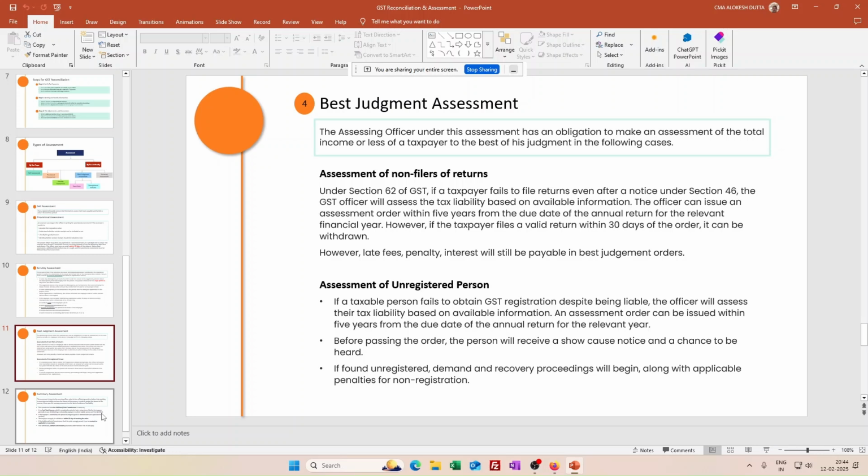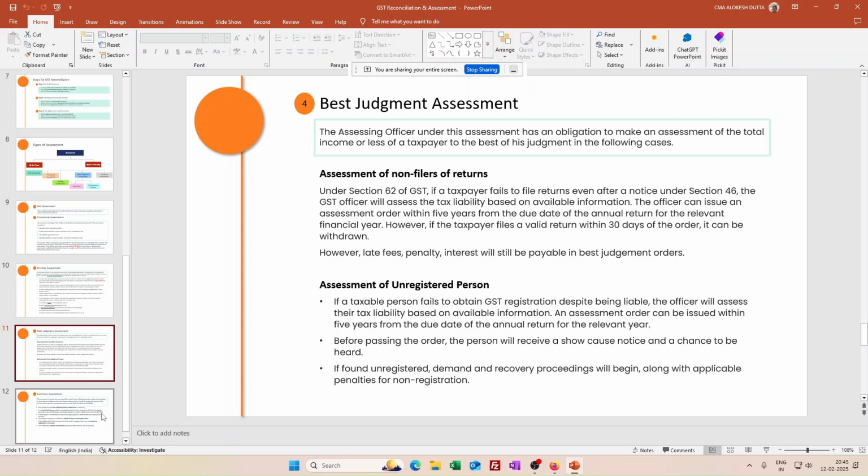Persons who are not filing the GST return, even if he is a registered dealer, he will assess under section 62 the amount liable to be paid by the assessee and give him direction that within 30 days you have to pay the taxes. That is best judgment assessment.